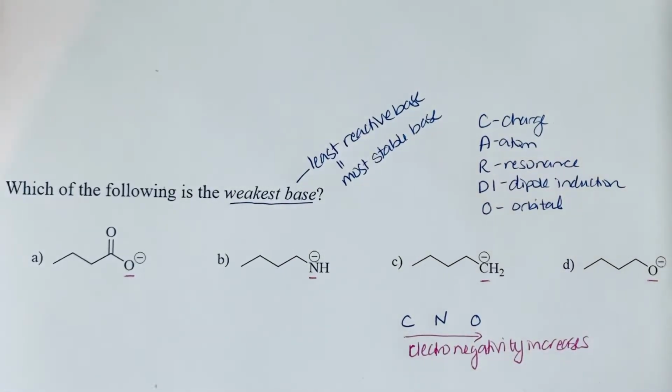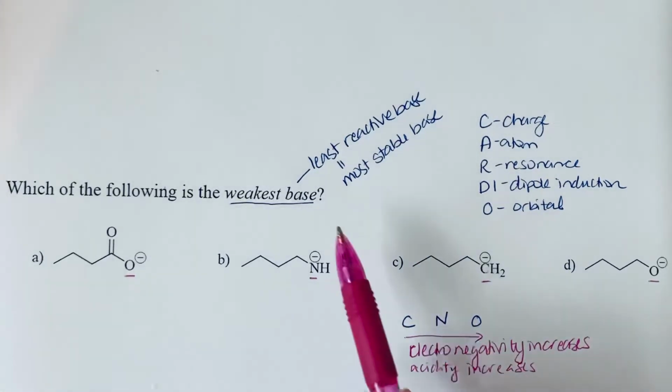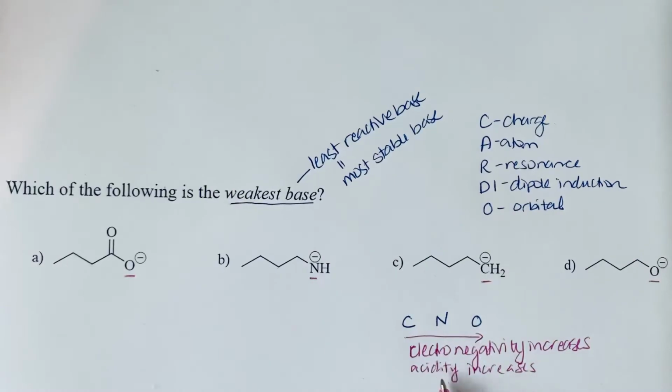And what we've said when we were evaluating in terms of acidity, we said that acidity increases in that same row. So that's if your acidic hydrogen is attached to one of these atoms, right? So you're comparing as it's attached to a more electronegative atom, you have greater acidity. If we're looking at the conjugate base, we're really explaining why the acidity increases, and that's because a negative charge is going to be better accommodated on the more electronegative atoms.